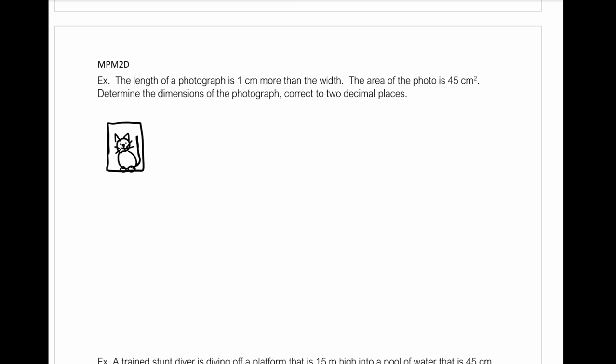It doesn't really matter in this case, but let's say our width is x, and our length is going to be 1 centimeter more, or x plus 1. Now, if we don't know where to start, at least we know we're talking about area. And if we're talking about area in a rectangle, area equals length times width. So now let's plug in what I know. I know that the area is 45, I know that the length is x plus 1, and I know the width is x.